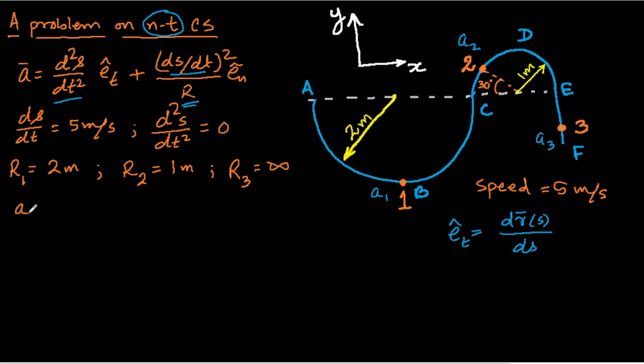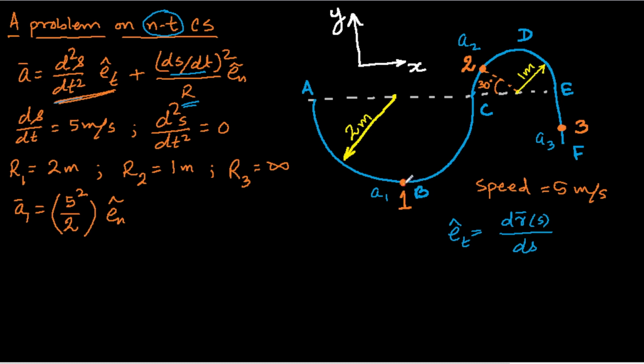How much is A1? Anyway, this term is 0, so we don't have to figure it out for any of the accelerations. We should concentrate on this. So ds over dt is 5, squared, and R is 2 here, so over 2. This term is done. And En, how much is En? Let's draw that first here.